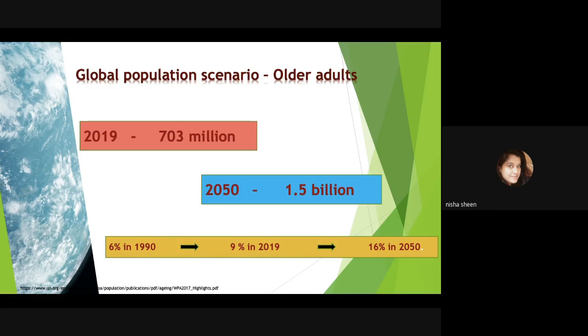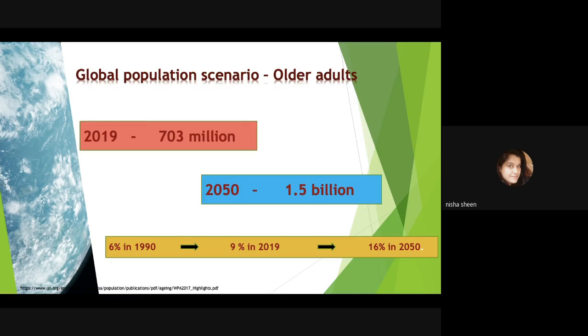A quick look at the comparison of global demographic scenario of older adults shows that in 2019, there were 703 million persons aged 65 or over, and over the next 3 decades, it's projected to be 1.5 billion in 2050. It is estimated that older people will constitute 22% of the total world population by 2025, that is, within a span of 5 years from now.